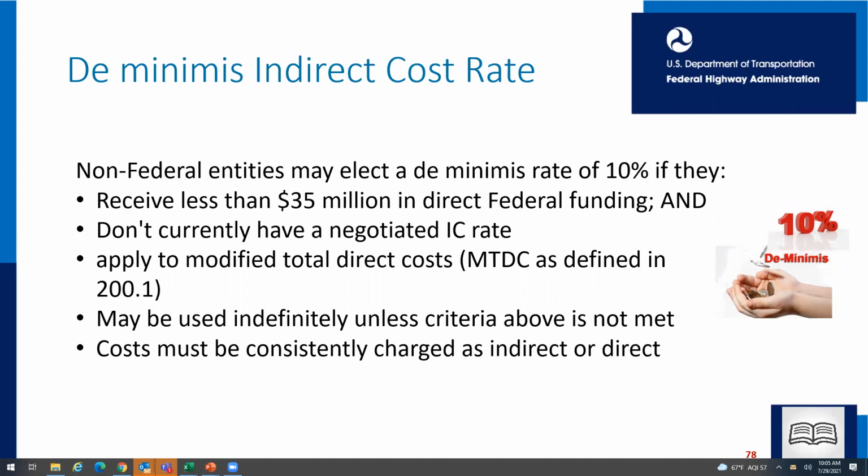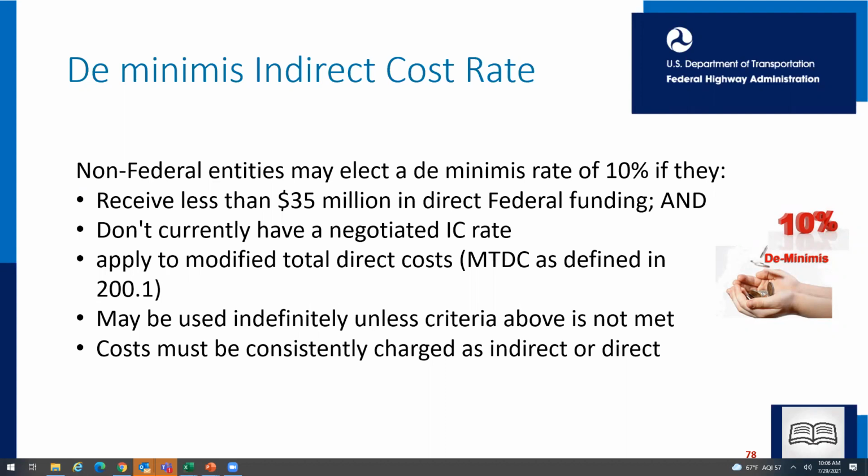Eric also talked about the different types of rates that are available for indirect costs. Those being fixed with carry forward, which means that you create a rate at the beginning of the year, you bill that rate through the year, you look at your actuals, and your over or under adjustments are carried over into the next year's rate. We also have a provisional rate with a final rate.